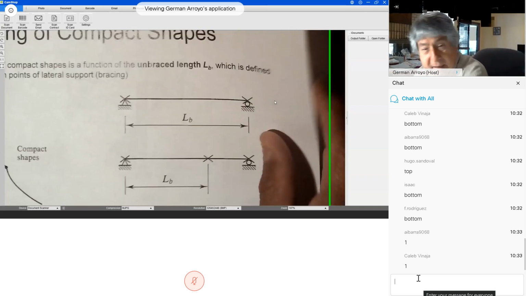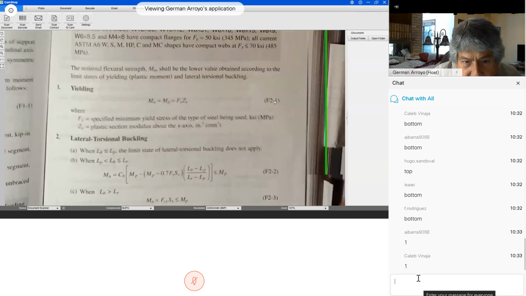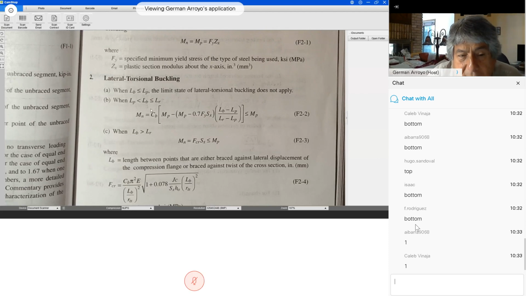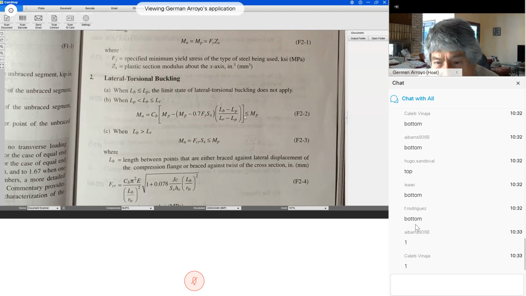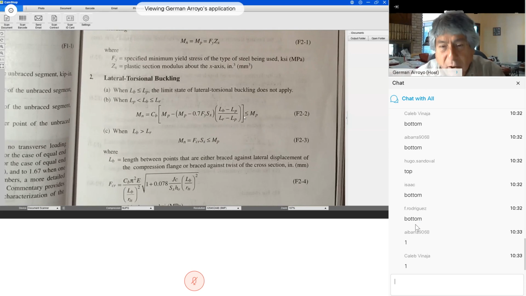That's why in this equation they make a point that this could be larger than M sub p, because C sub B sometimes is 1.6, sometimes it's 2.2, sometimes it's 2.4. When you multiply C sub B times this value, a lot of times it's going to exceed this value. So nothing can be larger than the plastic moment. And I repeat it again, because you already saw the stress-strain diagram.